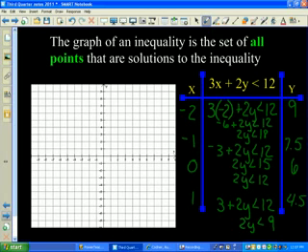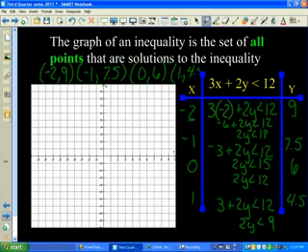So basically what I'm saying is that the points negative 2, 9; negative 1, 7.5; 0, 6; and 1, 4.5, they are some of the solutions for that inequality.